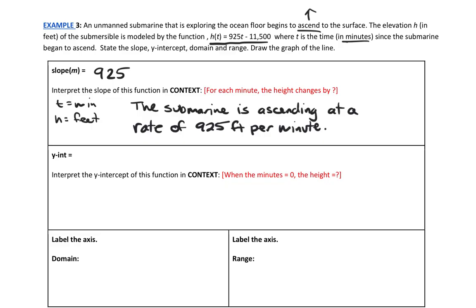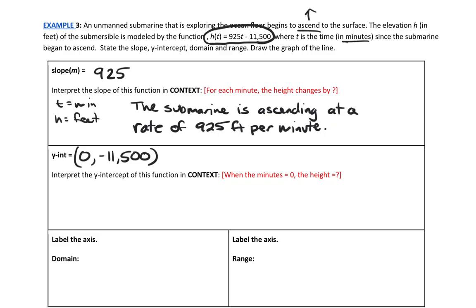Okay, so the y-intercept of this function that we have up here is negative 11,500, right? So when x is 0 and time is 0, the y-intercept is at negative 11,500. Interpret the y-intercept of this function in context.